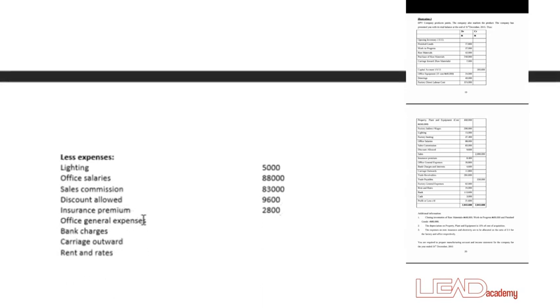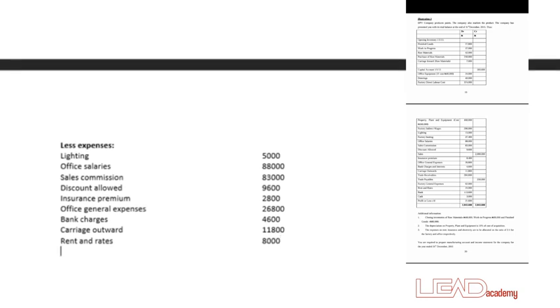Our general office expenses was 26,800. Bank charges was 4,600. Carriage outward was 11,800. Then our rent and rates was 8,000 after apportionment has been done. After you have calculated your apportionment, you have a rent and rate of 8,000.